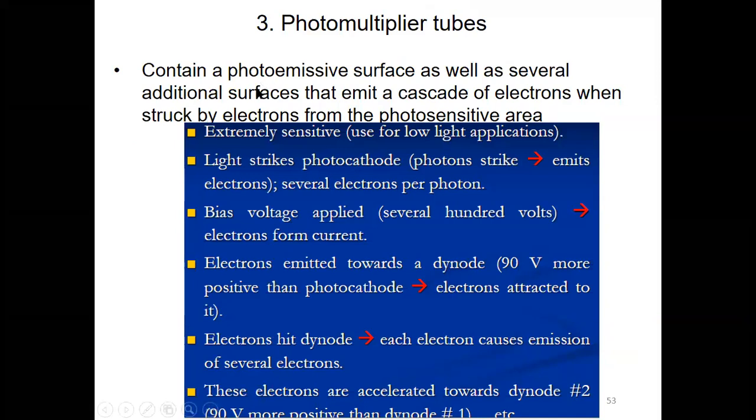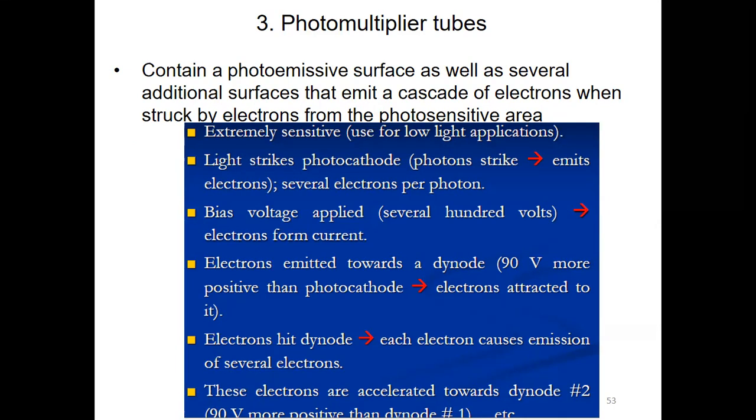Let's go to the first point. It contains a photoemissive surface. So the photoemissive surface, there's a cathode at the very beginning. It emits electrons when the radiation hits the cathode, as well as several additional surfaces, which means the dynodes, that emit a cascade of electrons when struck by electrons from the photosensitive area.